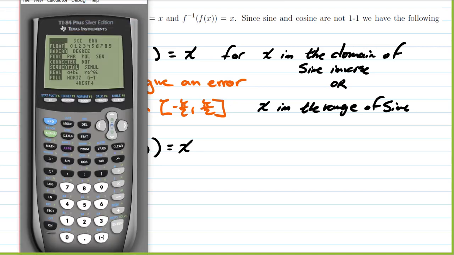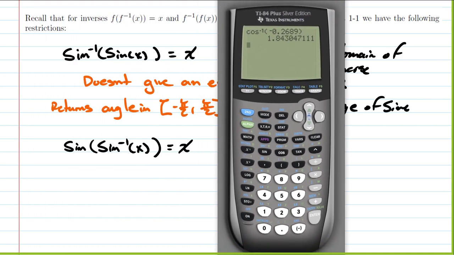If we take the sine of the sine inverse of 0, that works. If we do the sine of the sine inverse of 0.5, we get 0.5. Things seem to be working out pretty well so far. We get to 1, it works. Now let's try 1.5. We get a domain error.